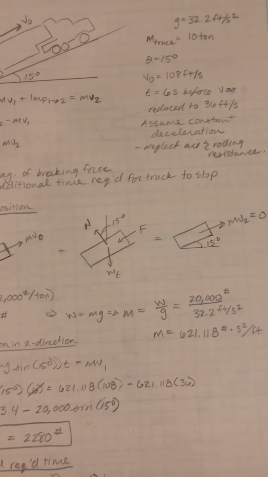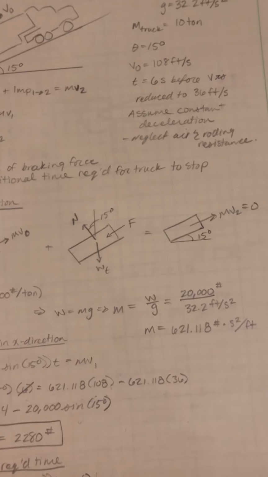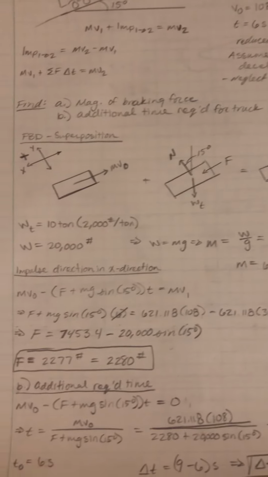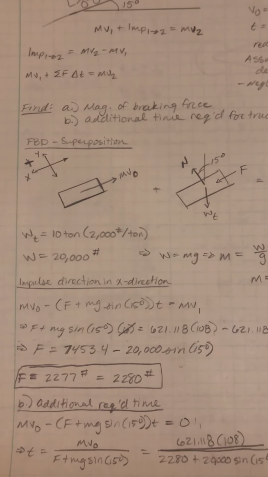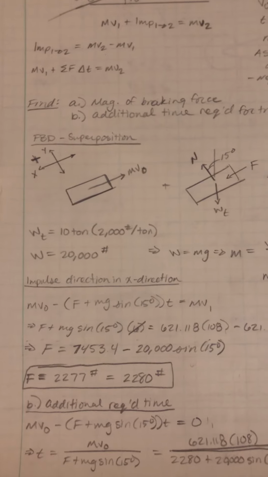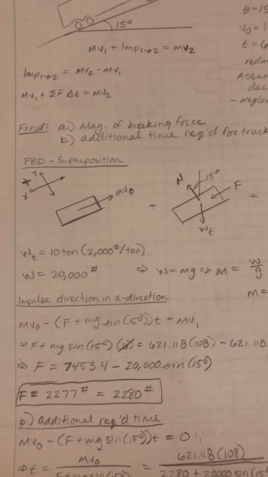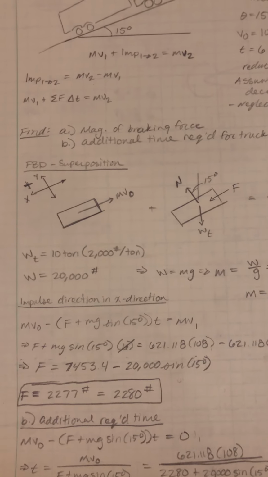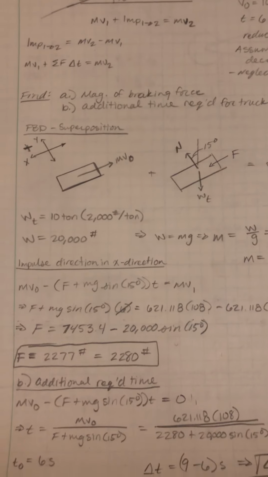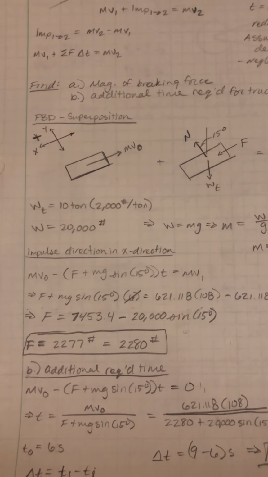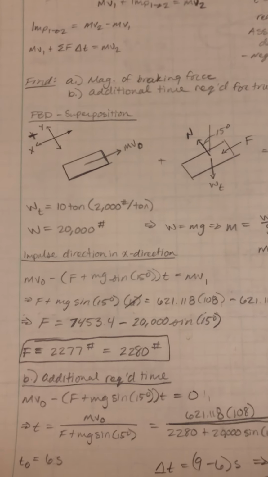So the mass is equal to the weight divided by gravity. And the impulse in the x direction, we plug that in using what we know from our free body diagrams, and we manipulate the equation in order to find the force, the magnitude of the braking force, which is what we were trying to find.